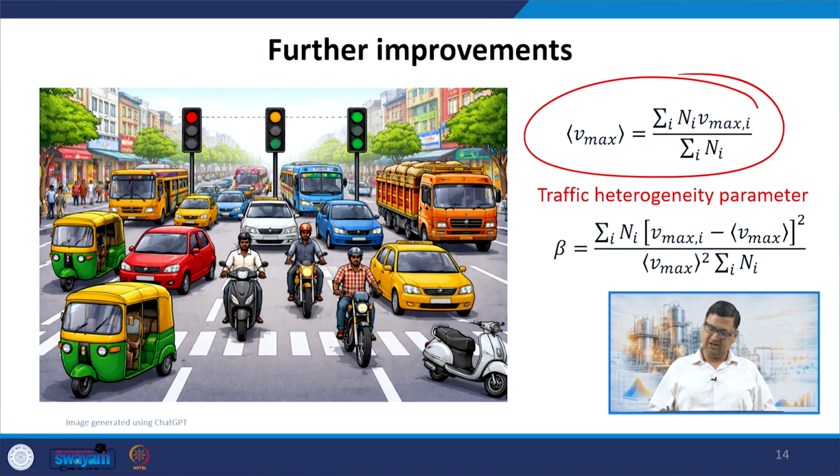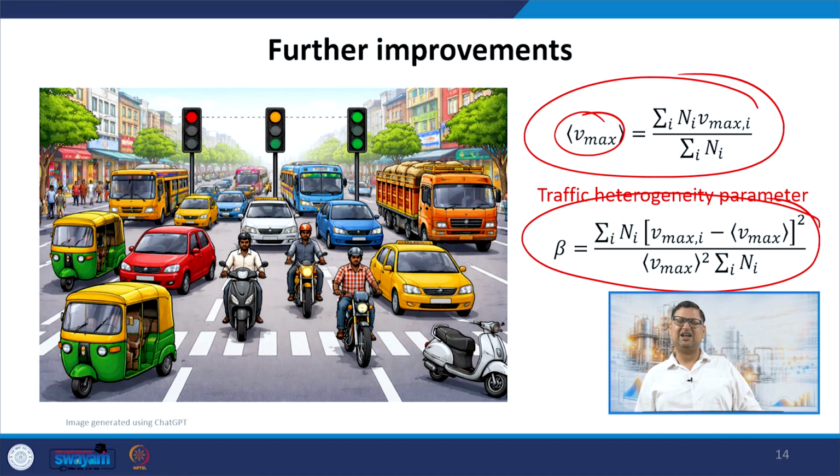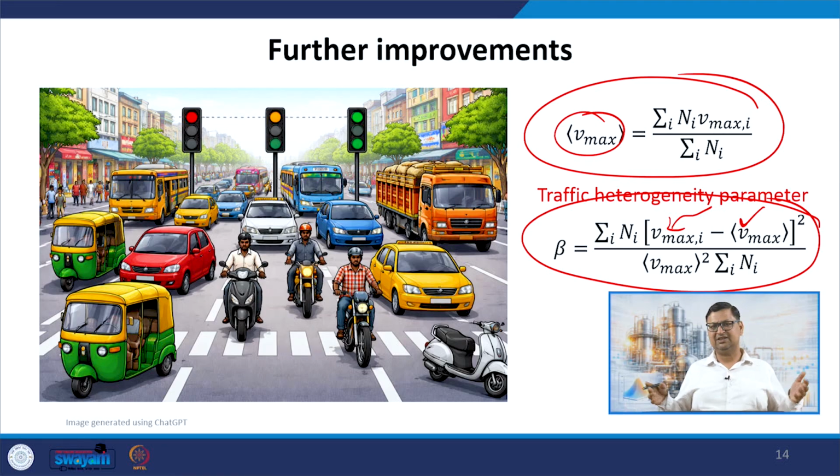And finally, once we have defined this average, we can also define some kind of a traffic heterogeneity that depends on the deviation from the average for each type of vehicle, right? So if beta is bigger in this case, that means the traffic is more heterogeneous. If, let's say, all vehicles have the same maximum velocity, then this beta is going to be 0, because the average velocity is the same as the maximum velocity of each of the objects, right?